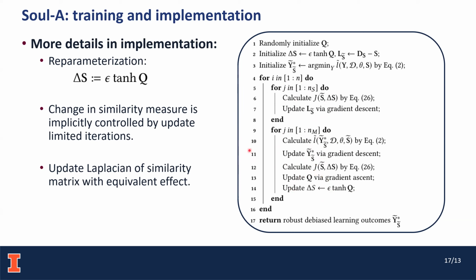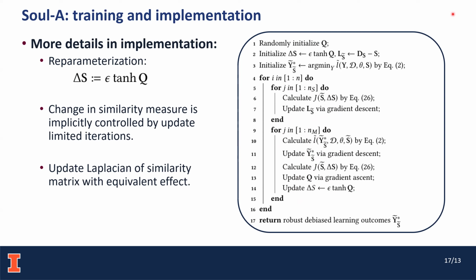To enforce the infinity constraint on the input delta S, we use a reparameterization trick where we rewrite it as epsilon times tanh of Q, where Q is not bounded by 1, but the output of tanh is bounded by 1.